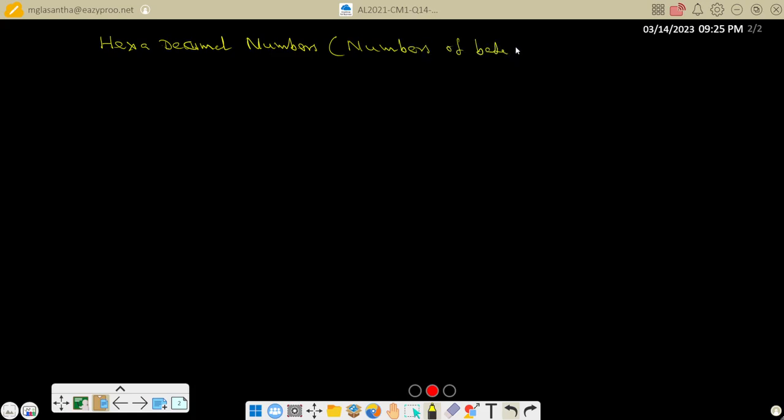Numbers of base 10, base 16. How many symbols are required for base 16 numbers? For base 10 numbers you need 10 symbols. Base 4 numbers you need 4 symbols. Base 2 numbers you need 2 symbols. Likewise, base 16 numbers you need 16 symbols.